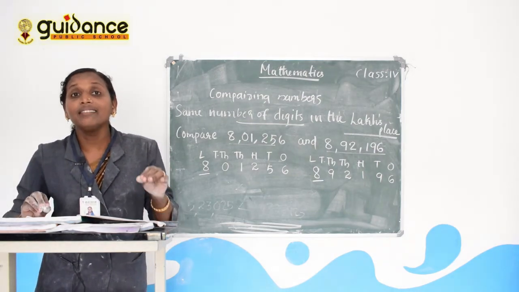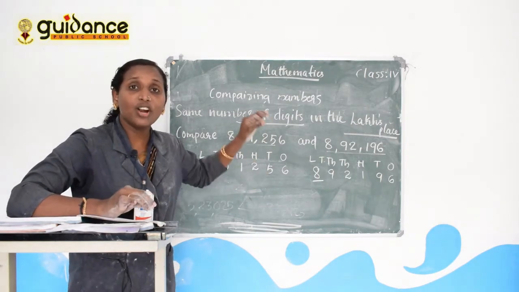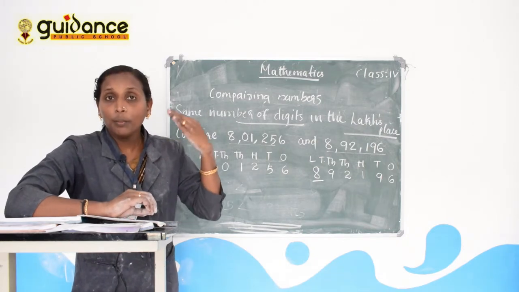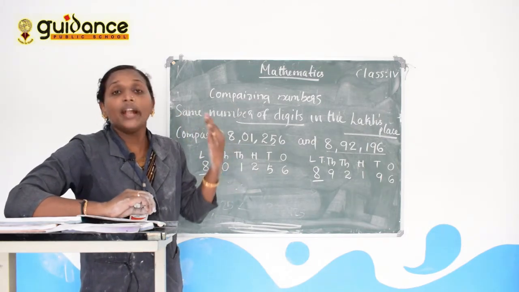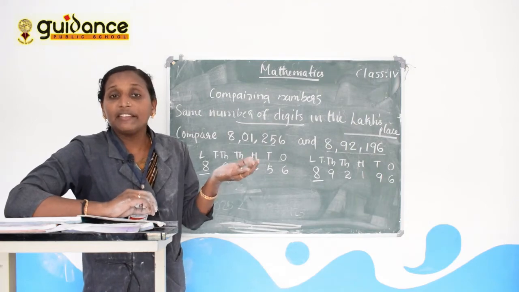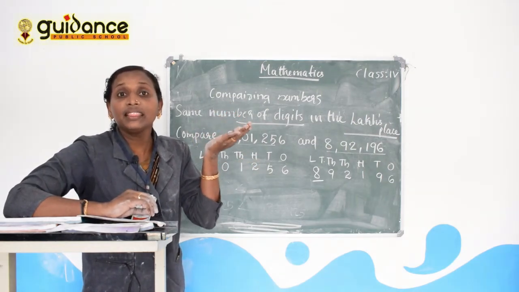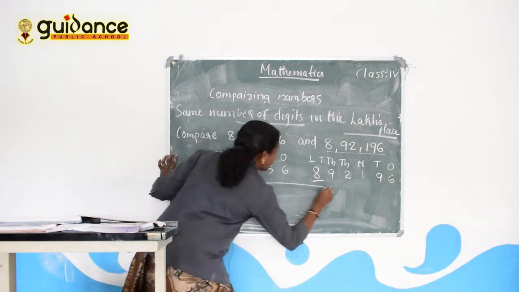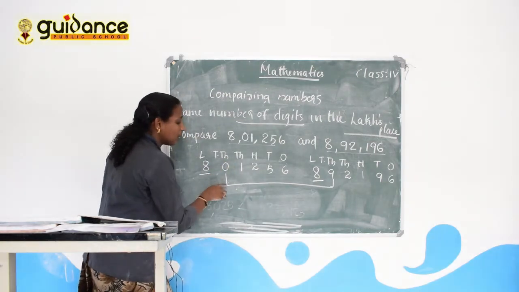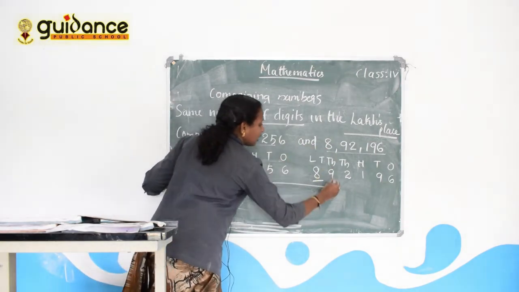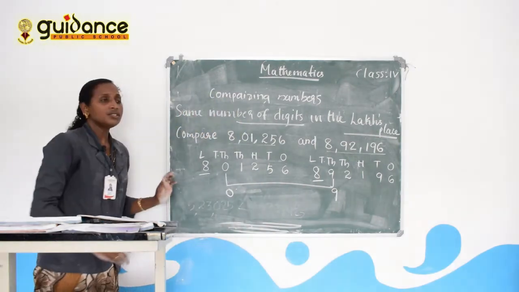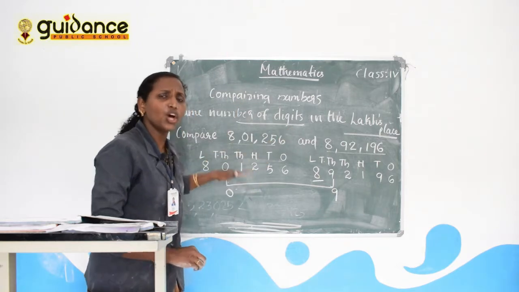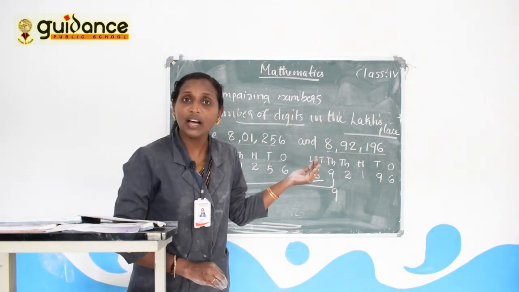That means we can't decide based on the lakh place, so we move to the next step: check the 10,000 place. Here the 10,000 place is 0, and in the other number it is 9. So we compare 0 and 9.